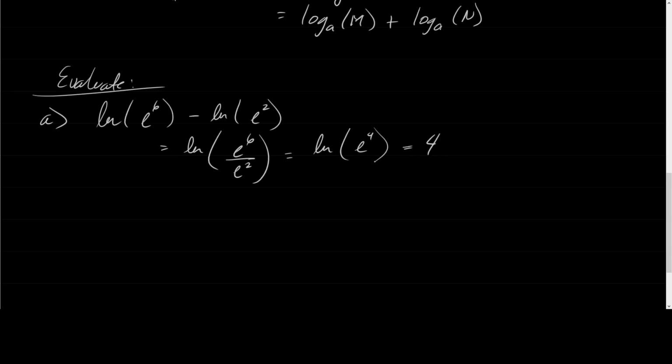Alternatively, you could have said ln of e to the sixth is just 6, ln of e squared is just 2, so 6 minus 2 is just 4.